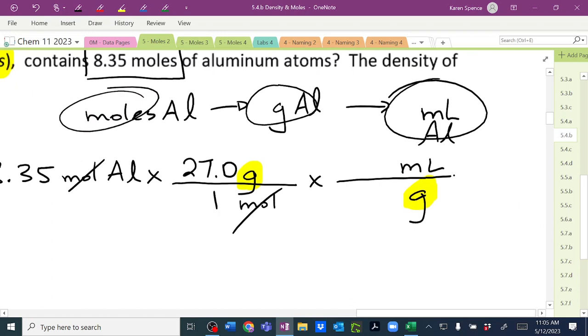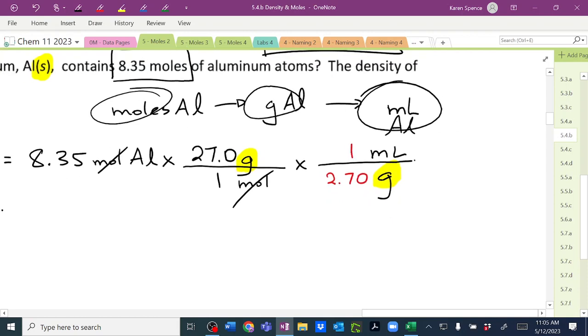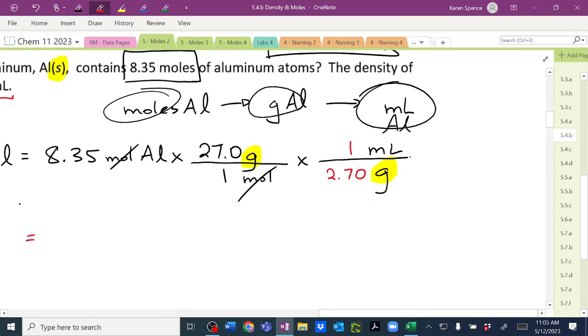So 2.70 and 1, and we get 8.35 times 27 divided by 2.7 equals 83.5, and our unit that we are left with is milliliters of aluminum. Is that good? Okay.